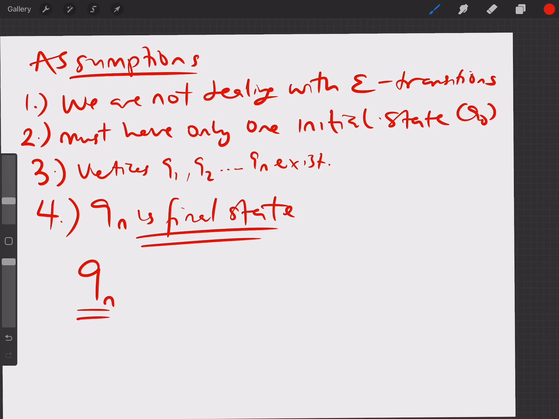Meaning, you would be wrong if you substitute and eliminate every other state, including the final state, and then one measly or useless state happens to be the key that you have to generating your regular expression. That's wrong. Qn has to be the final state, and the final state is the state where all your equations should combine. You should have everything combining at your final state, and then from there we translate it into the regular expressions.